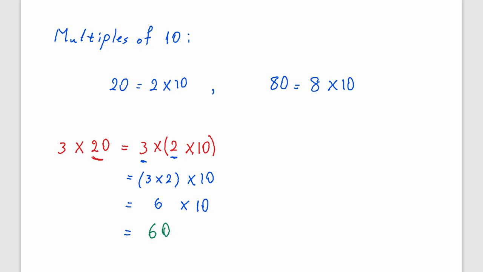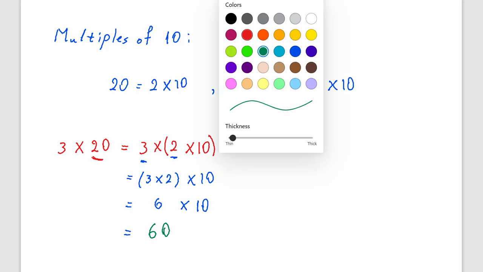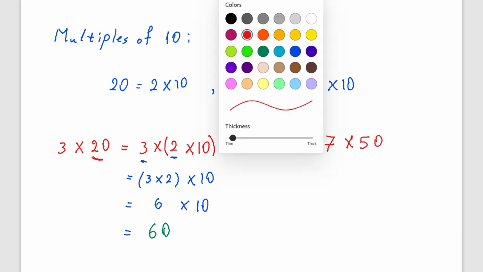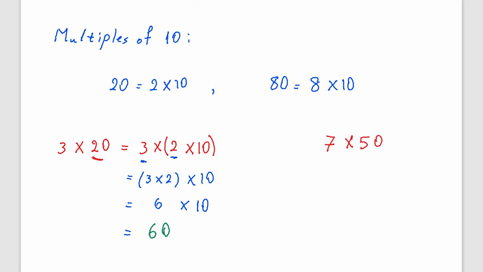Let's repeat this another time, but this time I will use the shortcut. Let's multiply 7 by 15. I will do the steps mentally and I will just write the answer. How to do this?